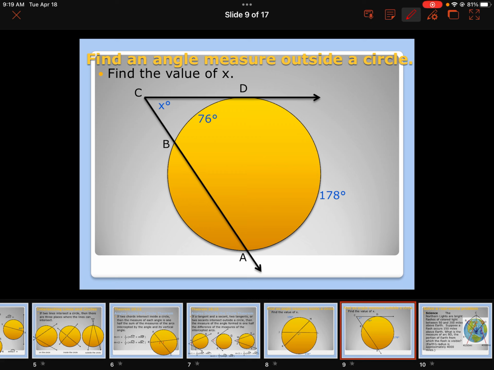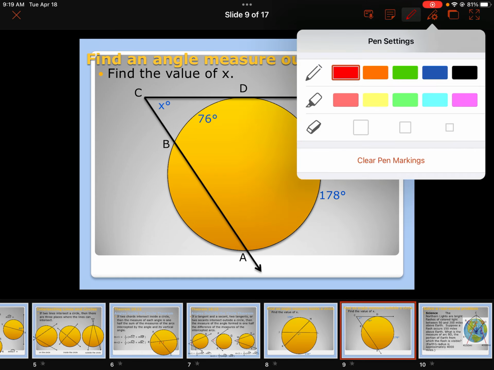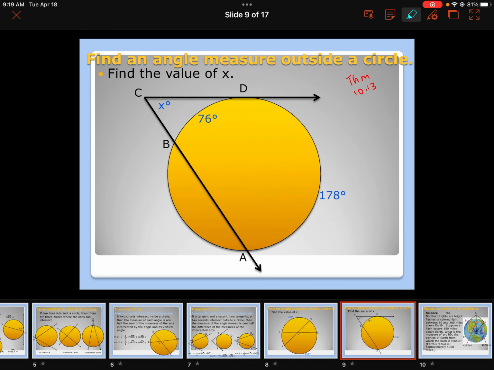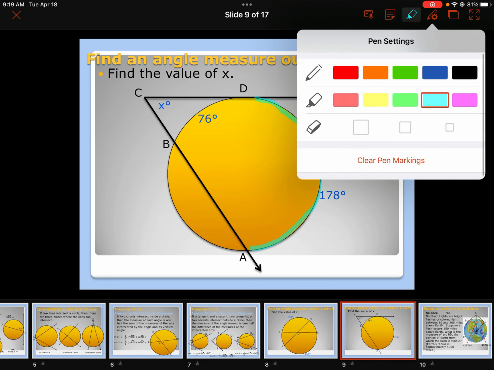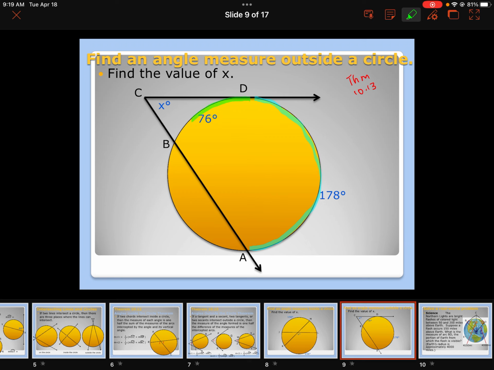There's an angle that's formed by two segments that are intersecting outside of a circle. We are going to use theorem 10.13 here. We have a tangent and we have a secant. And you handle this the same way if they were both secants or both tangents. You have this blue arc, which is our bigger arc. Then you have this green arc, which is our smaller arc.